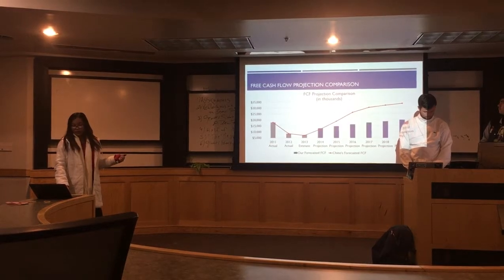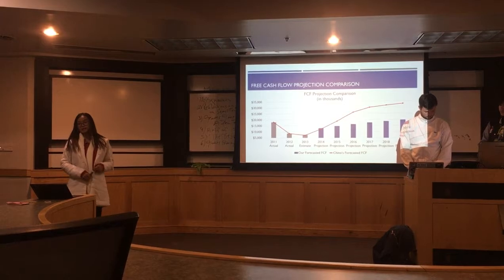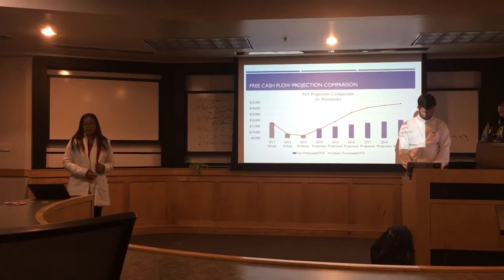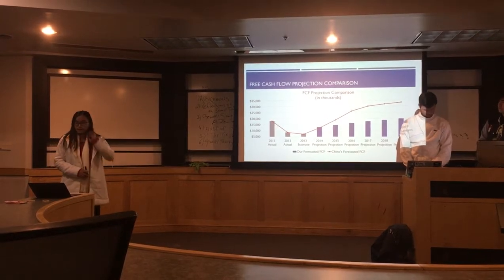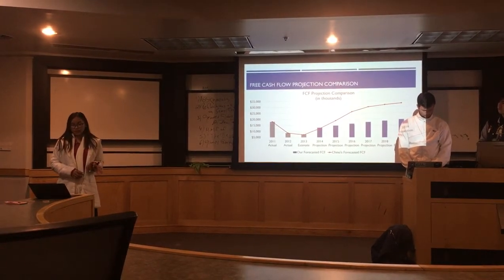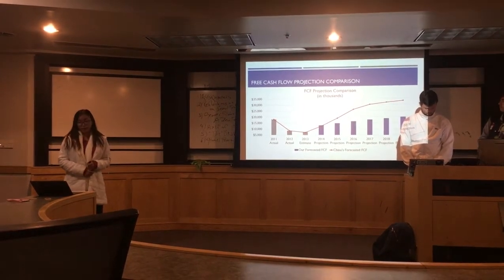Next. In addition to projecting Chino's income statement items, we also projected the balance sheet items in order to effectively calculate free cash flow. Our balance sheet is on page 11 of the report, and our free cash flow projection is on page 12.